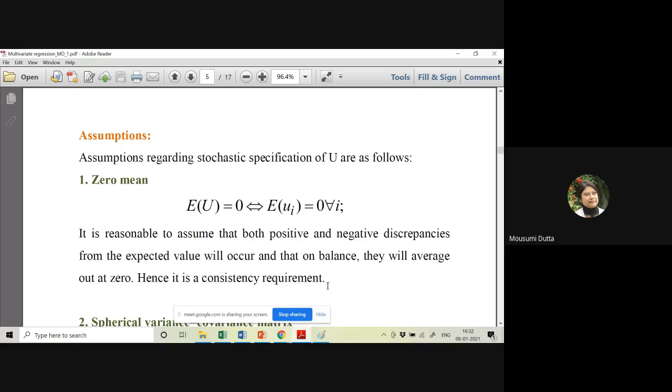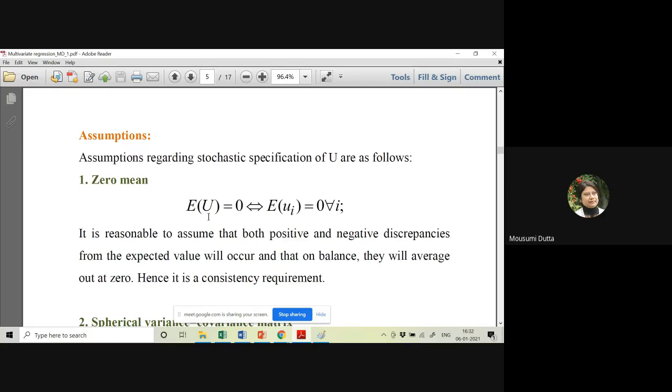First we mention the central tendency, the expectation of ui. So the first assumption is zero mean. The expectation of the u vector, the vector u of order n by 1, we are considering to be a null vector.